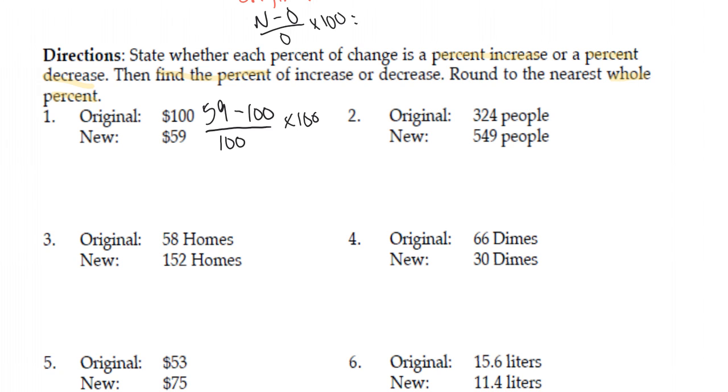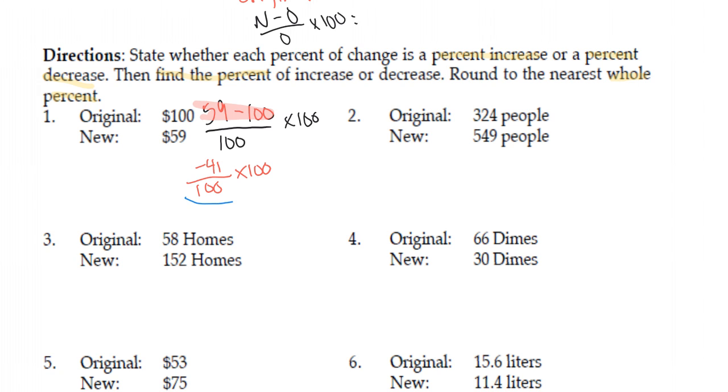Lots of 100s in this problem. What is 59 minus 100? It's negative 41, divided by 100 times 100. Plug this whole thing in your calculator.